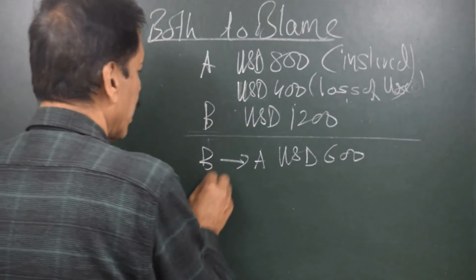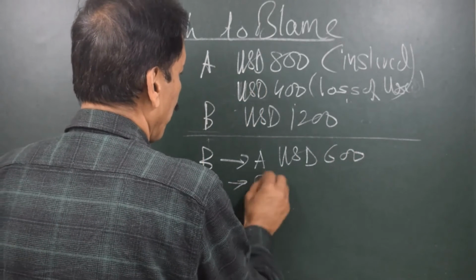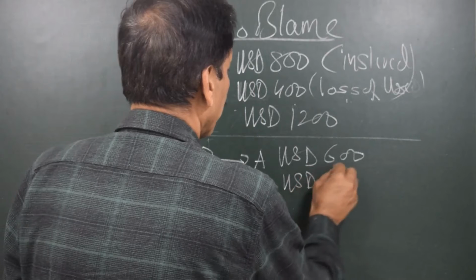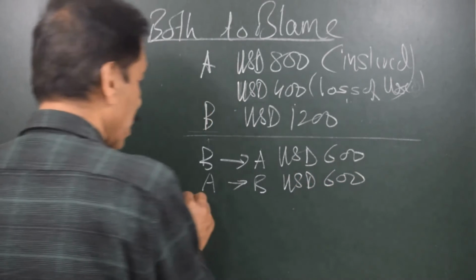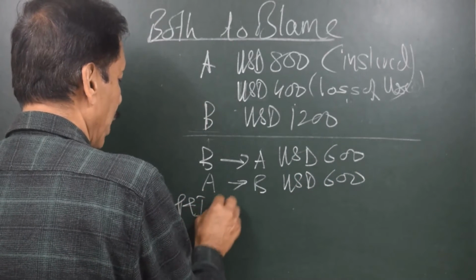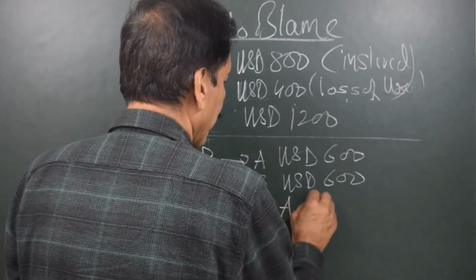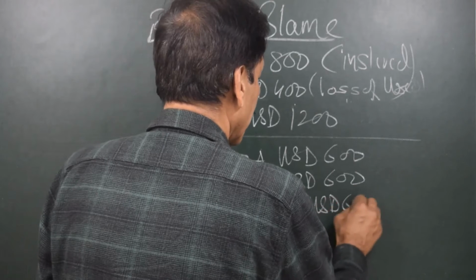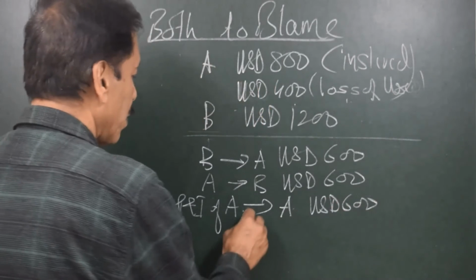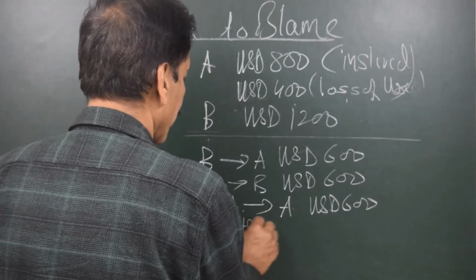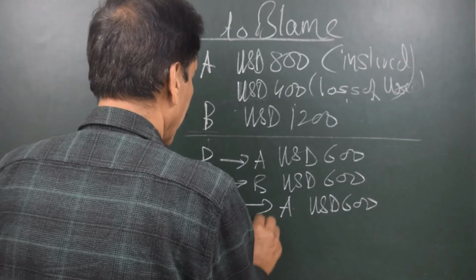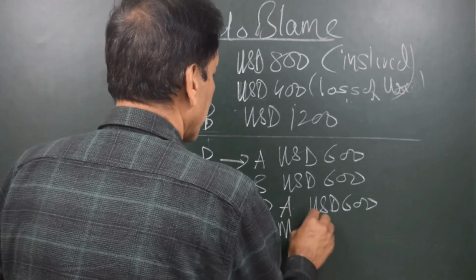Now A will also pay B $600, but P&I of A pays to A $600, and then hull and machinery pays $200.